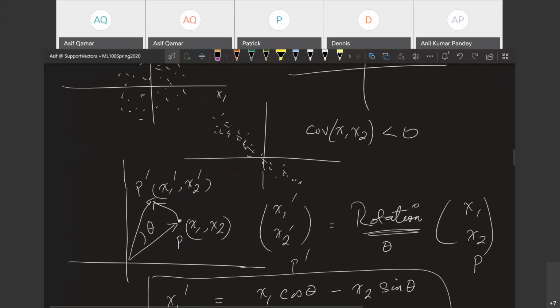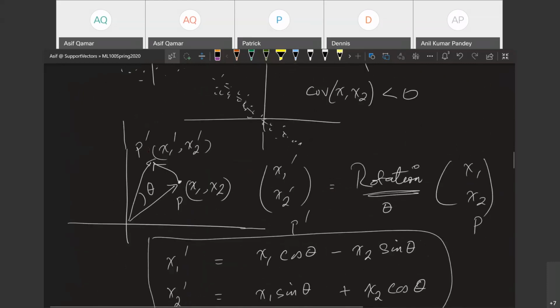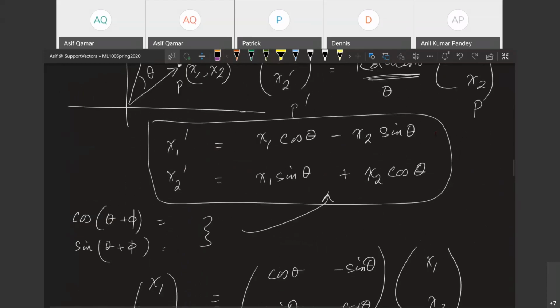So now, with the covariance matrix, we took a detour into a little bit of linear algebra and the geometry of linear algebra. We said, suppose you have a point P and you rotate it with an angle theta. That rotation can actually be written, these are the basic trigonometric relationships of rotation. And this rotation follows from the expansion of cosine of theta plus phi, sine of theta plus phi.